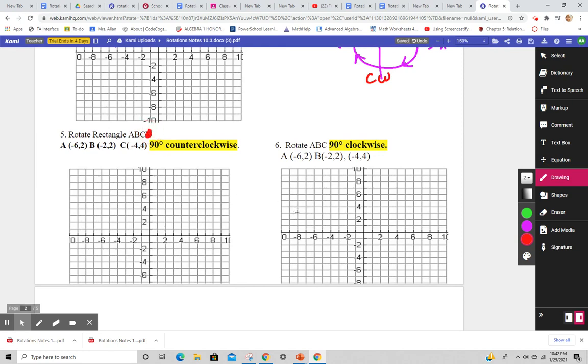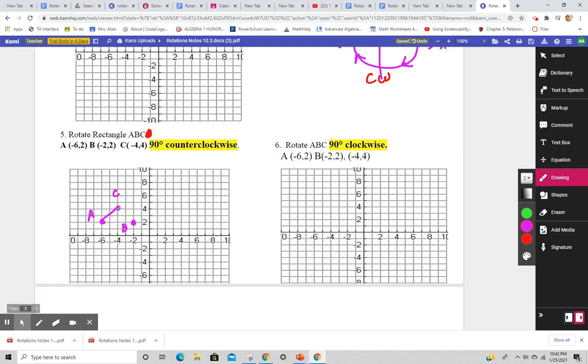All right, rotate rectangle ABC. So let's plot the points first. A is located at -6 up 2, A. B is located at -2 up 2, B. And C is located at -4 up 4.